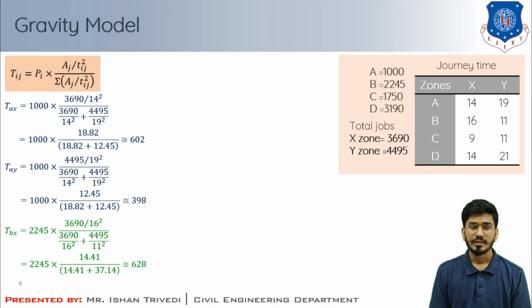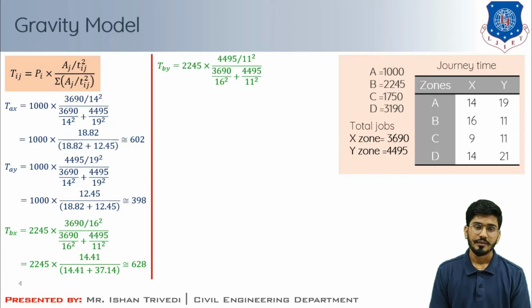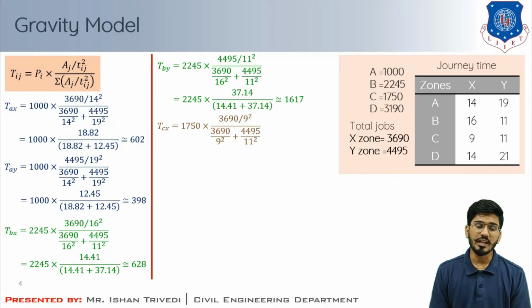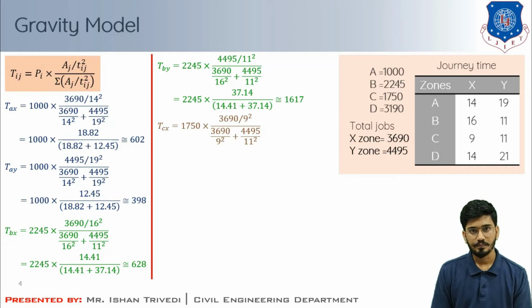And for By, we have the trips, that is 1670. Here again the journey time is 11 between B to Y. Now similarly for Cx the journey time is 9, and for Cy we have journey time 11, and here the total number of trips produced is 1750.